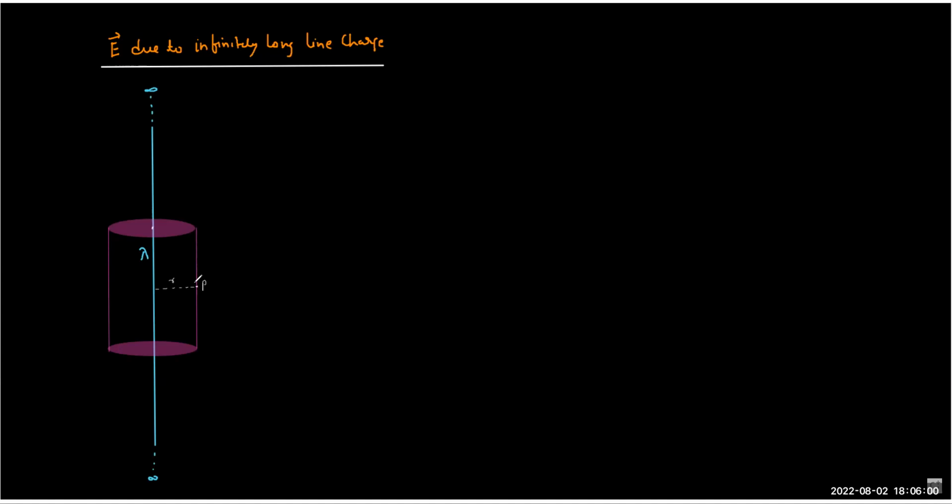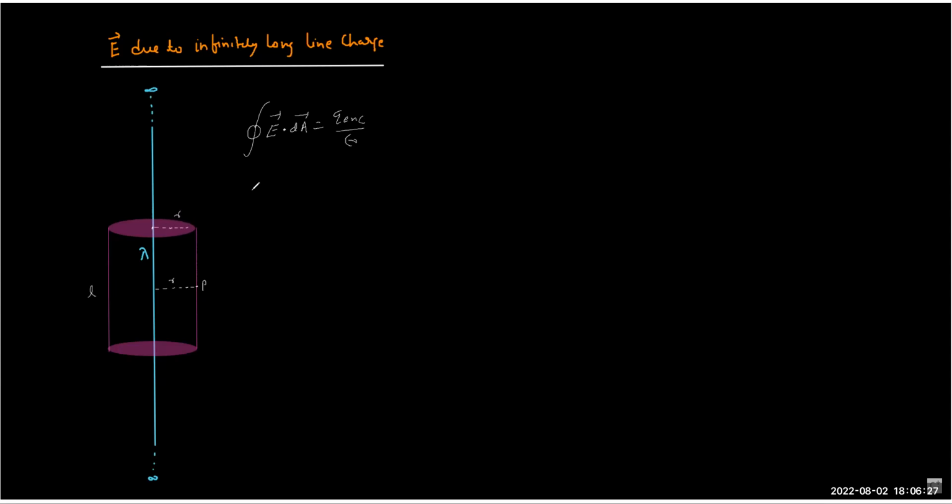Then we must draw a cylinder of radius r, correct? And you know the process. What to write next? The LHS is what? E 2 pi r. So we have this Gauss law, and the length we will take as L. The radius is r.